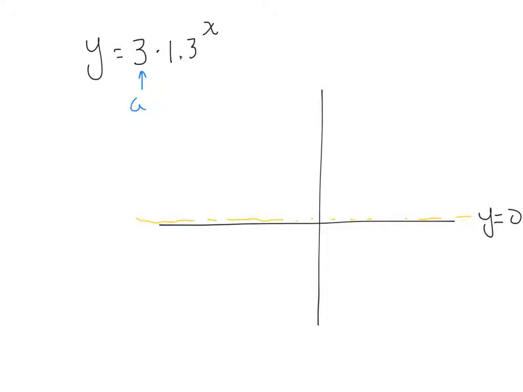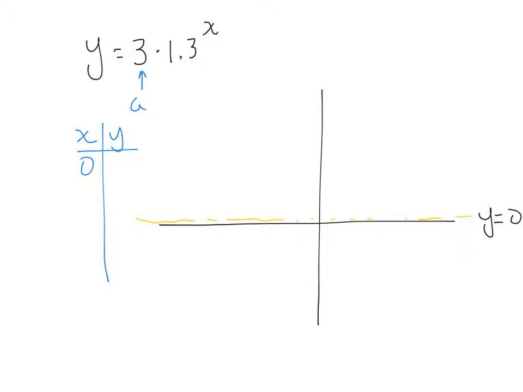So once again, in the deeply negative x's, you're still getting a very small fraction that's approaching 0. However, what you really want to do is consider what the various points are. So let's plug in a few points. If we put in x equals 0, we're always looking for that y-intercept.